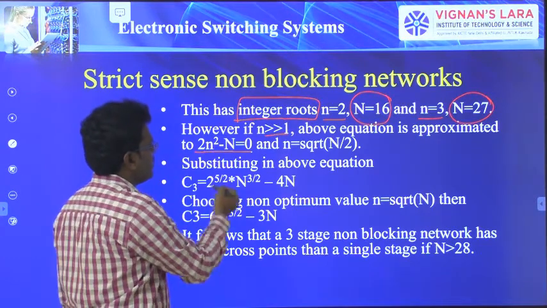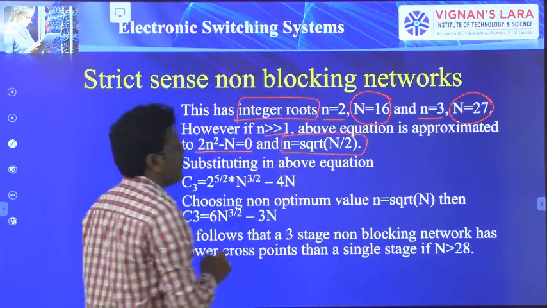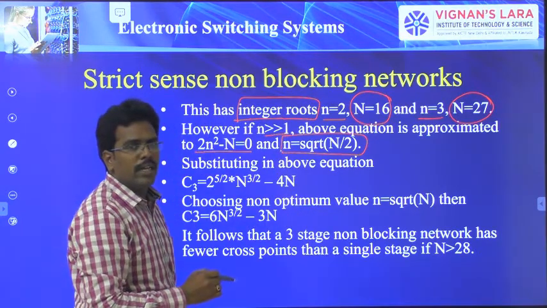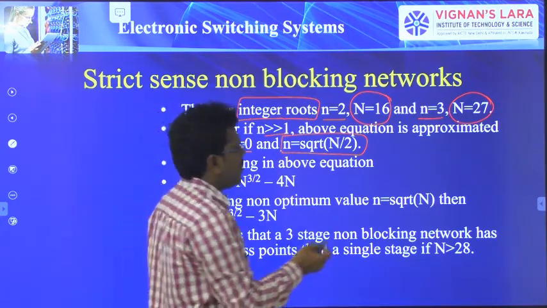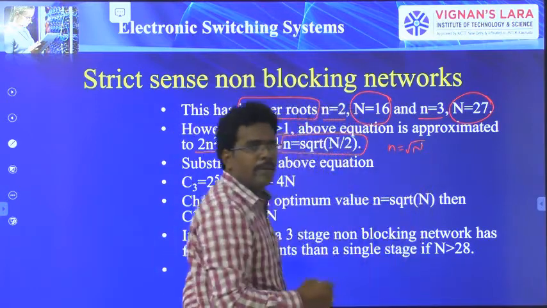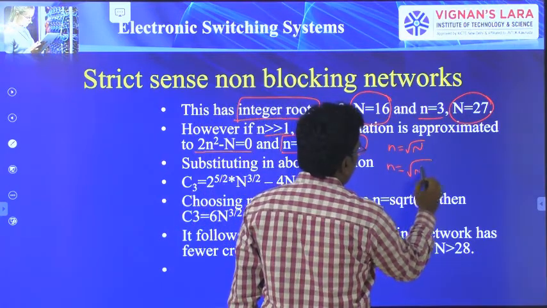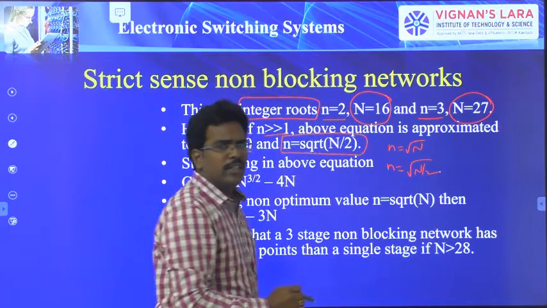For this, we get the value of n as square root of N by 2. This is the optimum. Already in the last class we discussed that n is equal to root N for a 2-stage switch for the optimum number of cross points, and n is equal to root of N by 2 for the optimum number of cross points in a 3-stage switch.